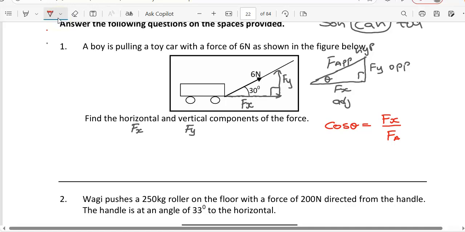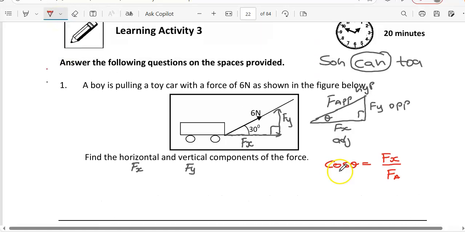Remember, Fx is your horizontal component. How can we isolate Fx? We can multiply both sides by the applied force, so these two forces cancel. In conclusion, my Fx is equal to the applied force times the cos of that angle.